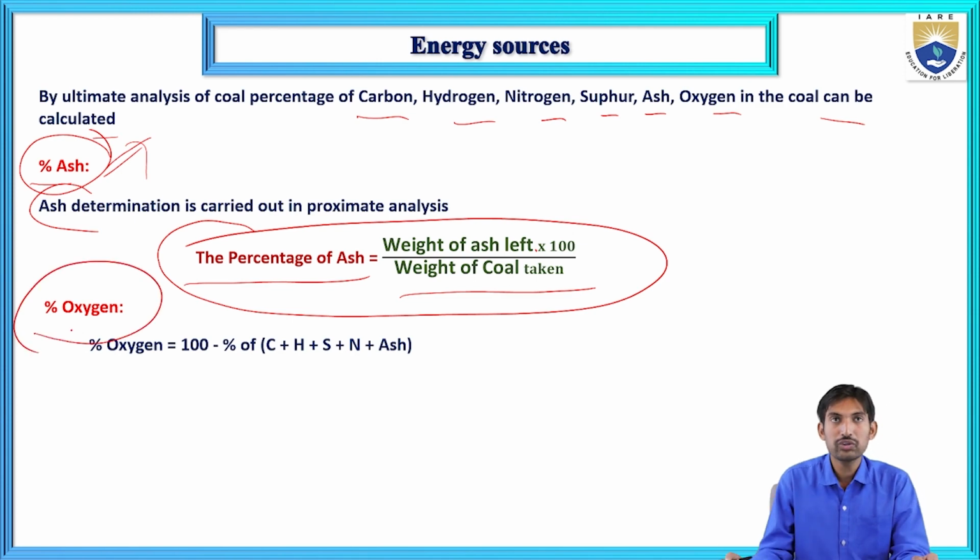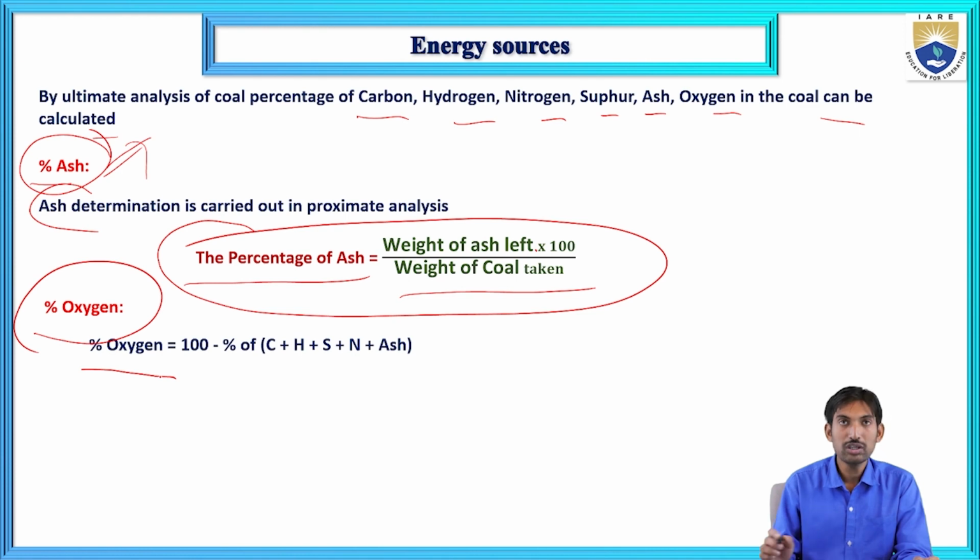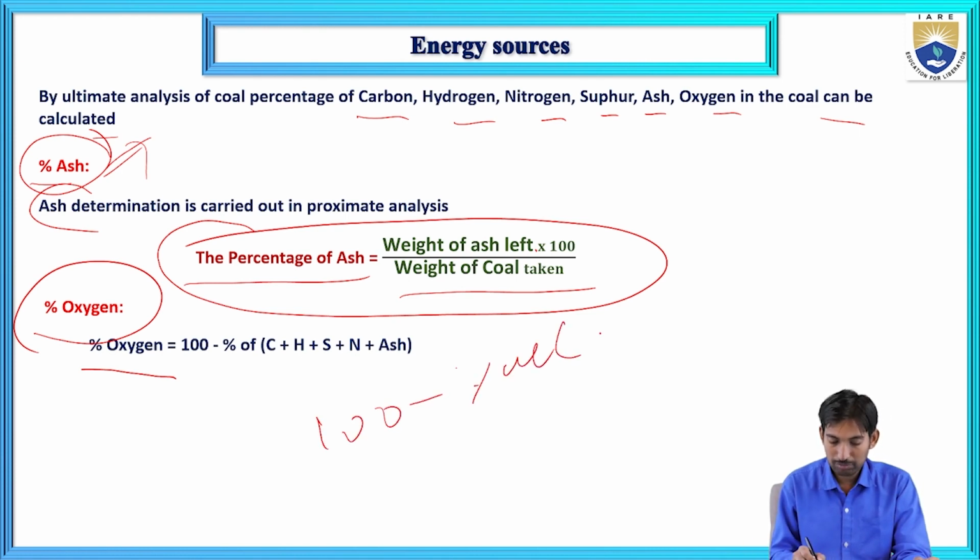How can you calculate the percentage of oxygen? We have already calculated the percentages of carbon, hydrogen and sulfur, the percentage of nitrogen by Kjeldahl's method, and the percentage of ash.